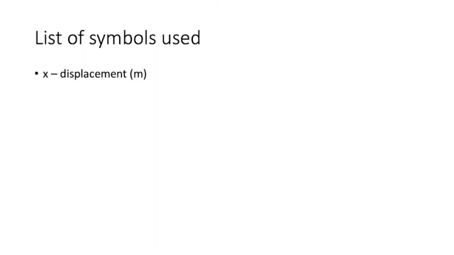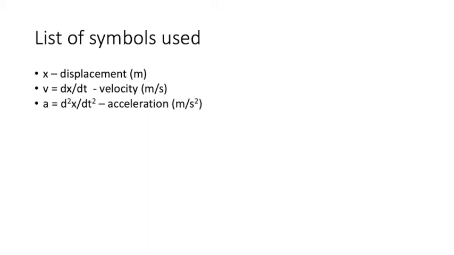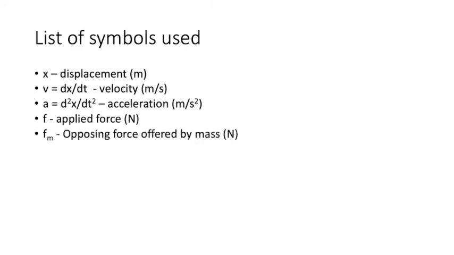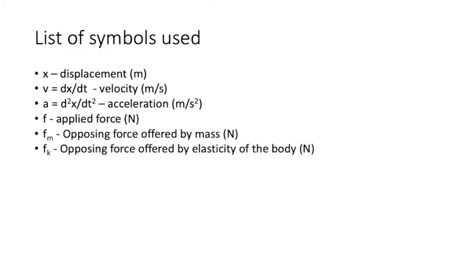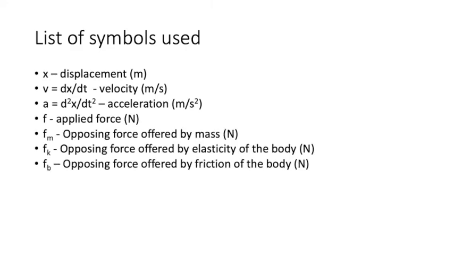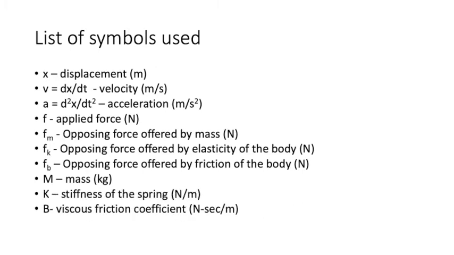We have x used to represent the displacement, v used to represent the velocity, a for the acceleration, f for the applied force, and we have the opposing forces due to mass, spring, and dashpot represented by Fm, Fk, and Fb, where M, K, and B are the mass, the stiffness of the spring, and the viscous friction coefficient respectively.